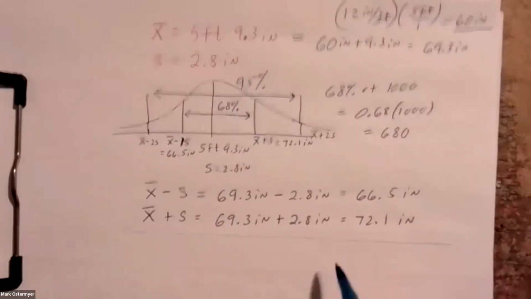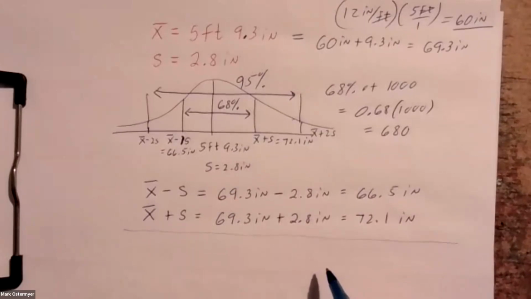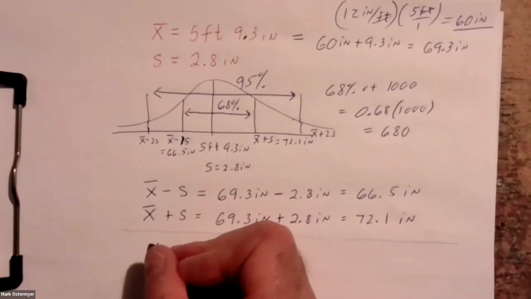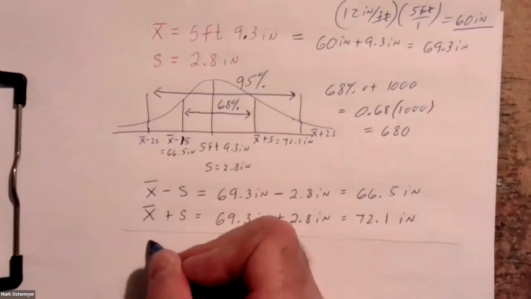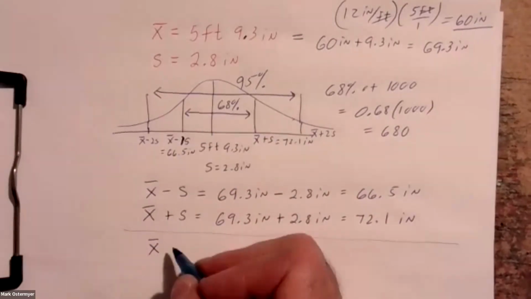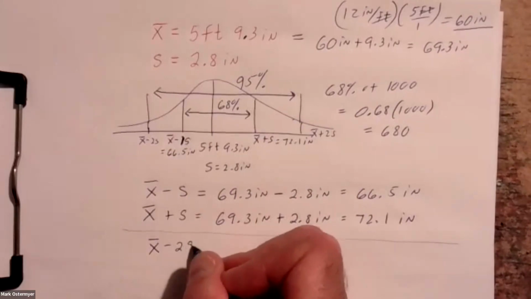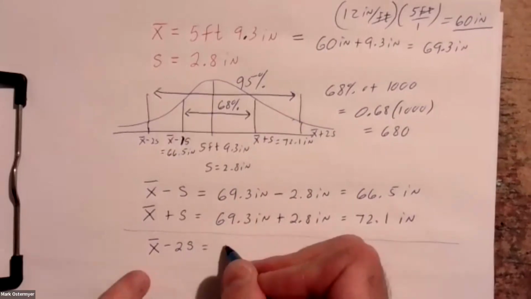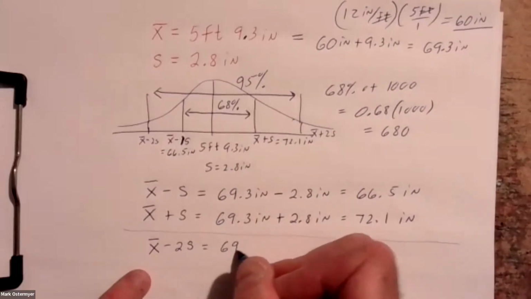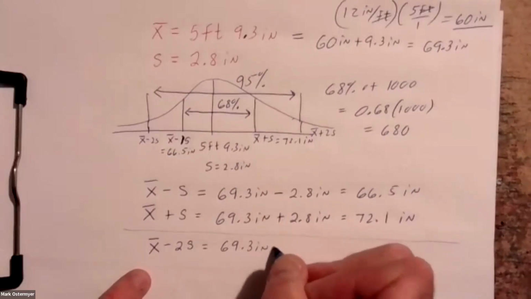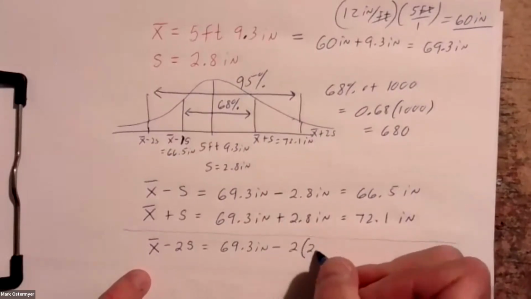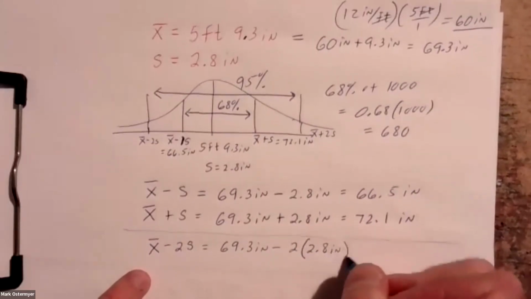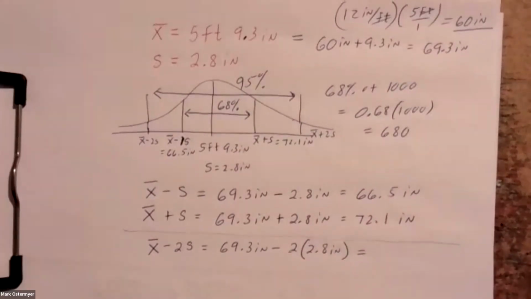So let's find out between what 2 heights we would expect 95% of these men's heights to lie. We've got to find the lower endpoint of this 95% interval. That's to say that we take the mean of the distribution and subtract off 2 times our standard deviation. The mean height is 69.3 inches minus 2 times our standard deviation, which is 2.8 inches. Now, what's 69.3 inches minus 2 times 2.8?